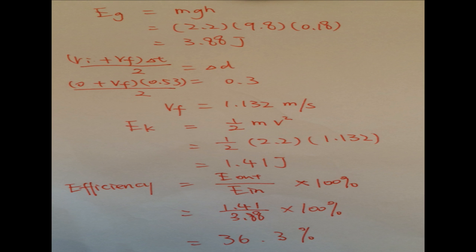Then I found the final velocity right before the cylinder leaves the ramp by using the formula (Vi plus Vf) times t over 2 equals d, and I got Vf equals 1.132 meters per second. And then I used the formula for kinetic energy, Ek equals 1 over 2 mv squared, and I got 1.41 joules.